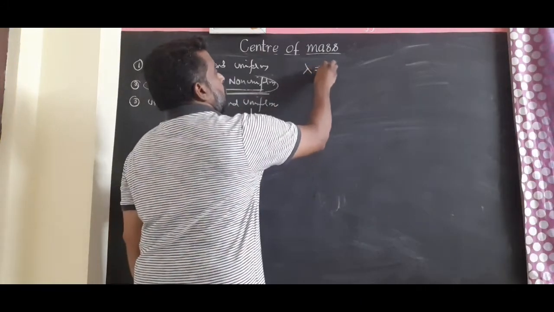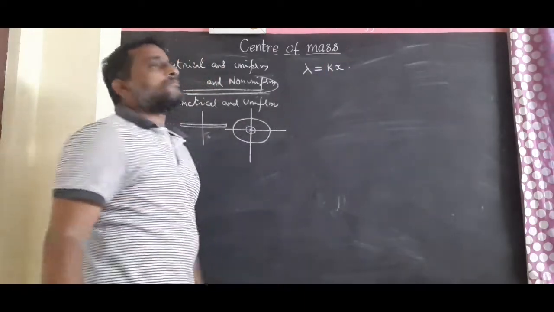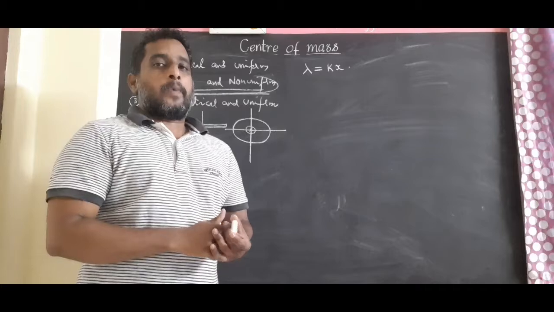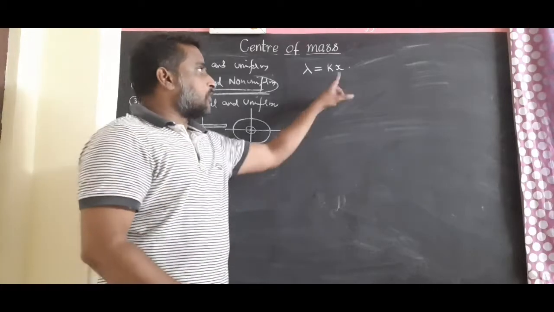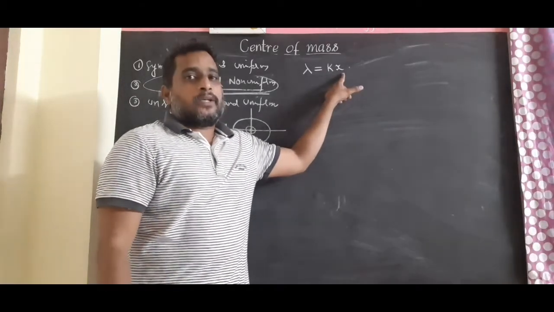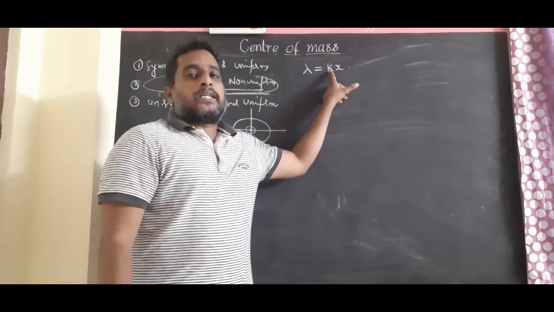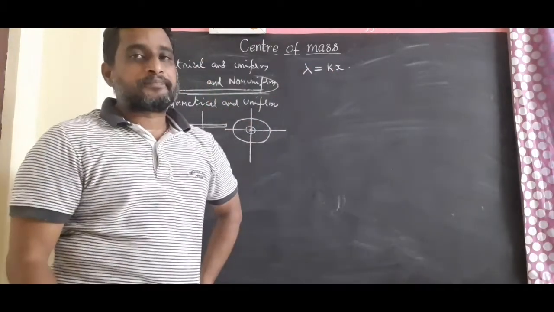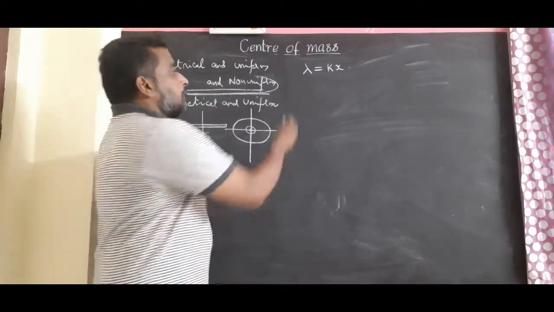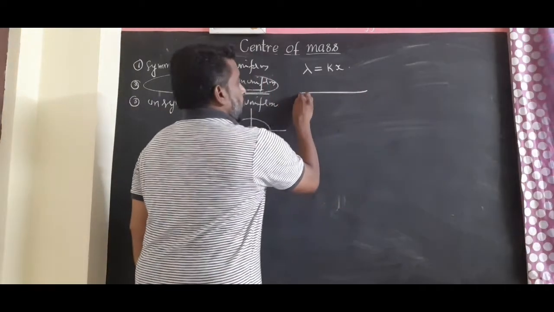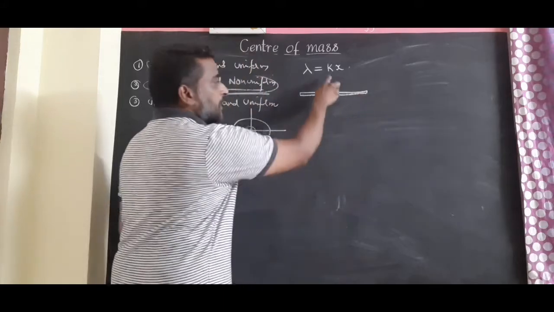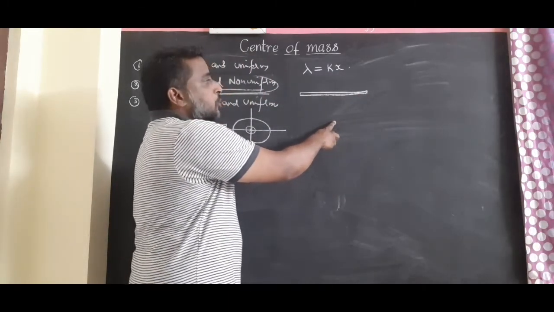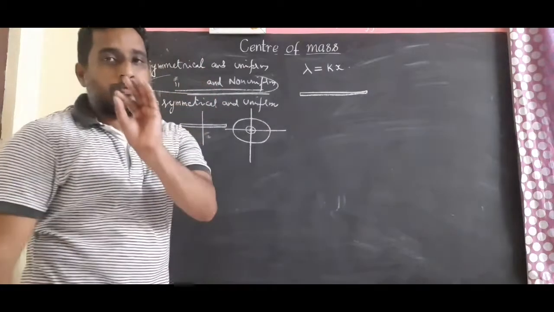Suppose, as an example, let us consider the linear density of that particular rod is changing according to this equation, k into x, where k is a constant, x is the distance from one end of the rod. It is a thin symmetrical rod. It is maintaining symmetry about this central axis, but it is not uniform. Non-uniform rod.